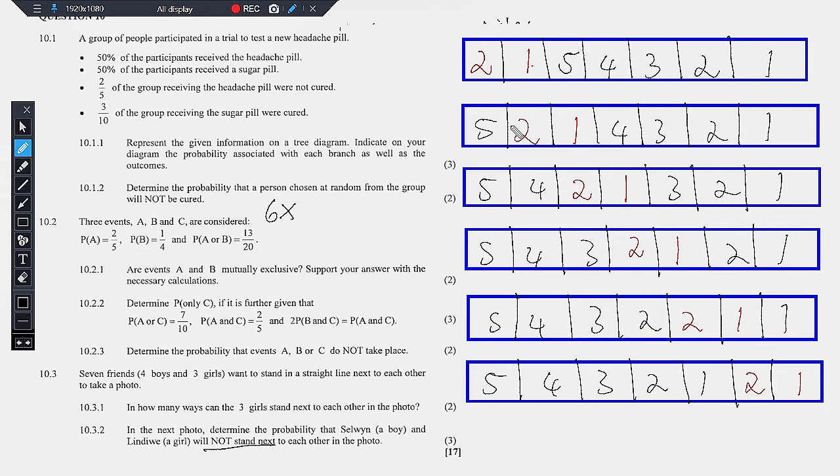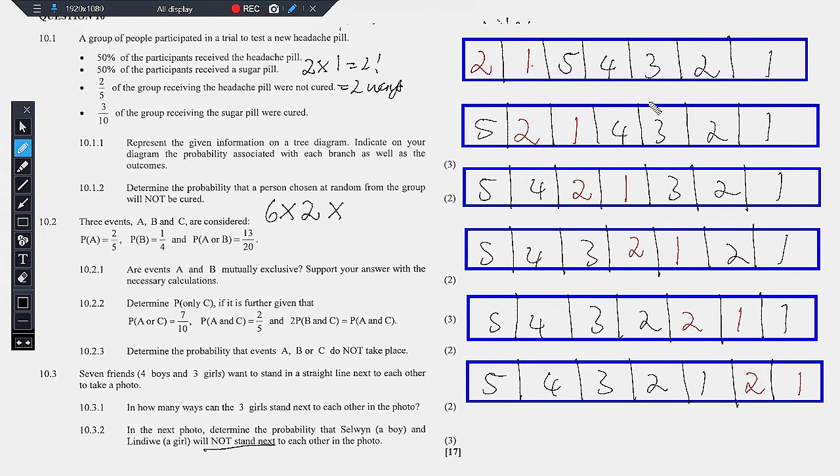in how many different ways can we arrange Lindy and Selwyn. So 2 times 1 is 2 factorial, which translates to 2 ways, right? We can arrange Selwyn and Lindy in 2 different ways. So it can be Lindy and Selwyn, or Selwyn and Lindy, right?